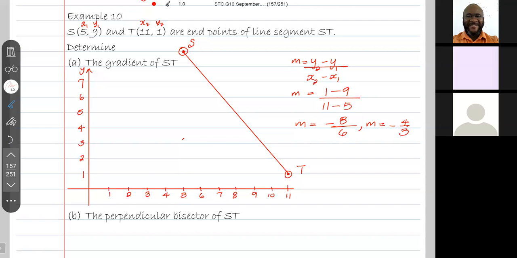The next thing we're asked is to determine the equation of the perpendicular bisector. All right, let's see roughly where the middle is. I would say roughly the middle of this line is (8, 5), which would put it around here. All right, I'm going to remove this line now.